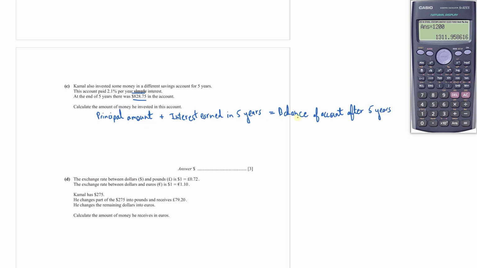We have to calculate the amount of money he invested, which is the principal amount.